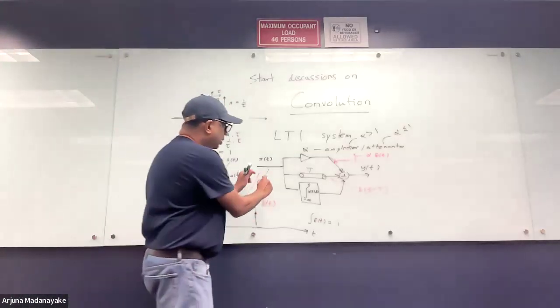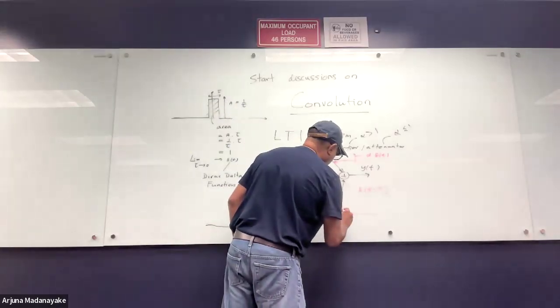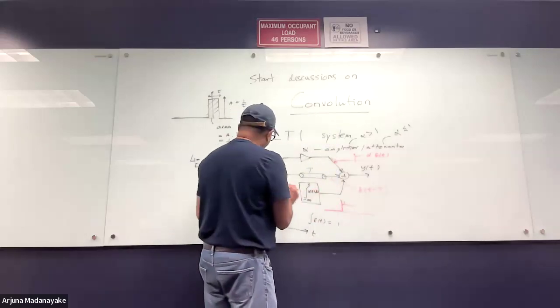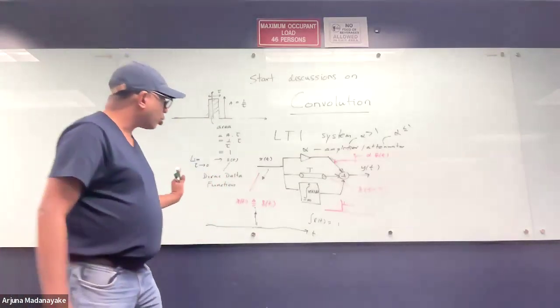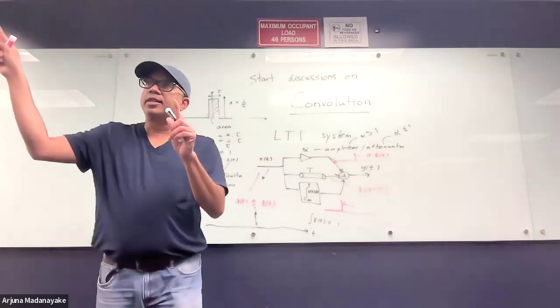Okay. And the third one, by definition, will give you 1, because by definition, the integral of delta t is 1. So the moment your time value passes delta t, its integral value becomes 1 and it stays at 1.